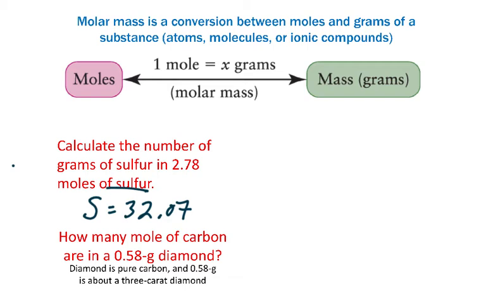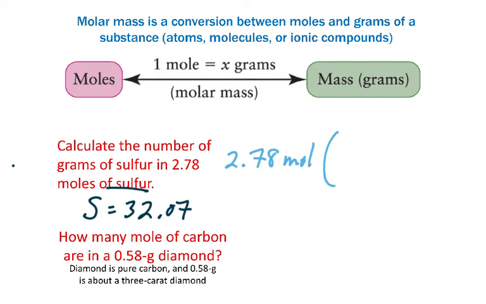So start with the known quantity, 2.78 moles. By the way, MOL is often the abbreviation for mole, which is kind of funny because it's only one letter less, but MOL would be the mole unit abbreviation.